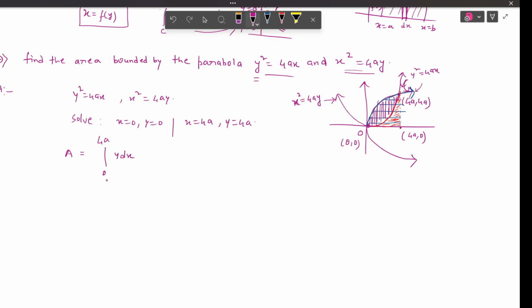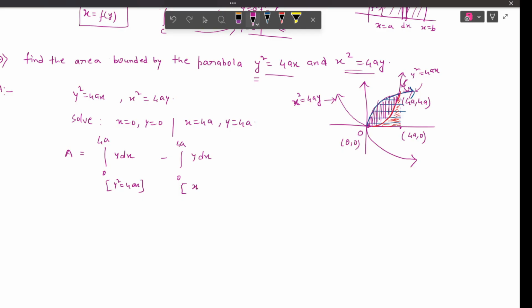Here y is, we have taken this curve, minus integration again for this, it is 0 to 4a, y dx.